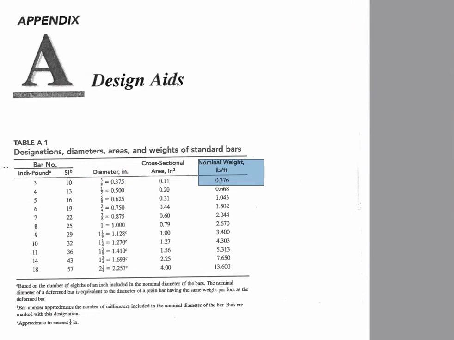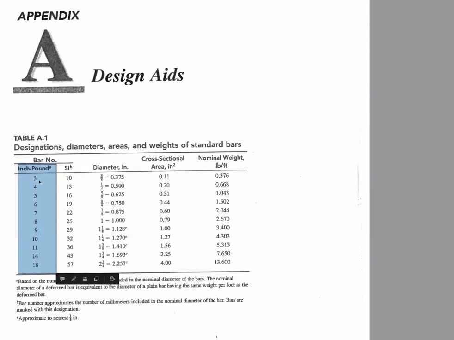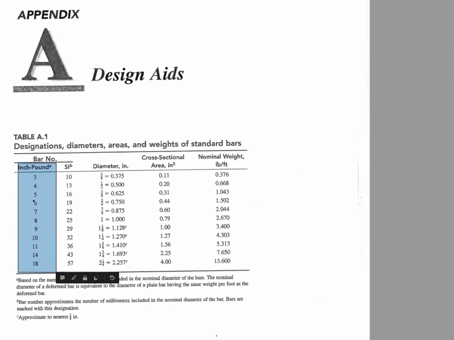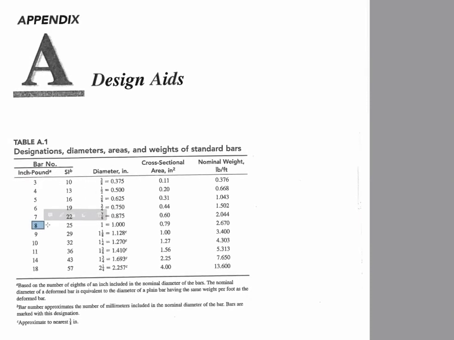And as it turns out, inch-pound bars, reinforcing bars, that is steel bars, are set up where the notation is eighths of an inch. So 3 means it's 3/8 of an inch diameter. A 4 is a ½ inch diameter, 4/8. An 8 means it's a 1-inch diameter bar.